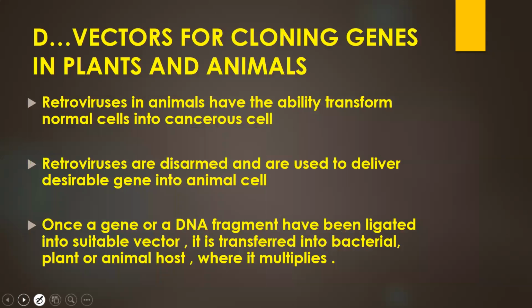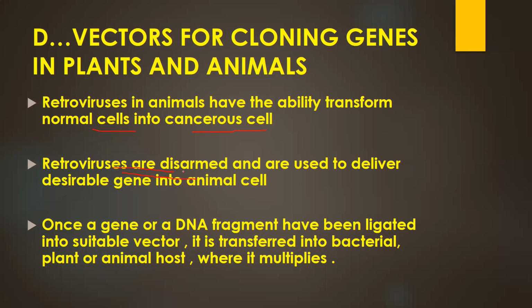Now the second vector is the retrovirus. Retroviruses are viruses which have an RNA genome, and these retroviruses in animals have the ability to transform normal cells into cancerous cells. Now this retrovirus is disarmed.